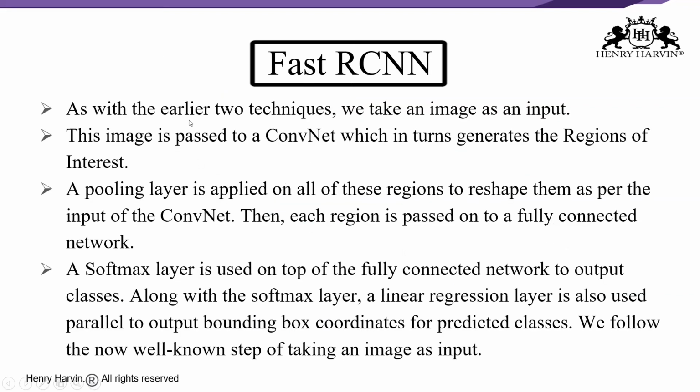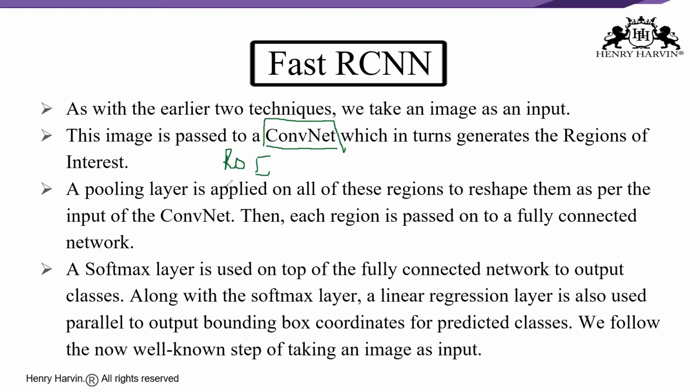Similar to the last case, here also we take the image as the input. As I told you, it is passed to a convolutional neural network, the ConvNet, which generates the ROIs. Now a pooling layer is applied.